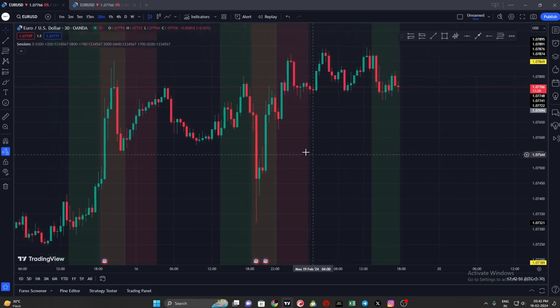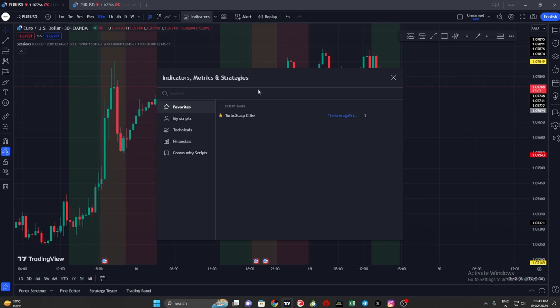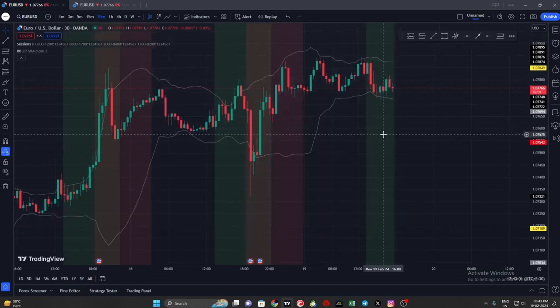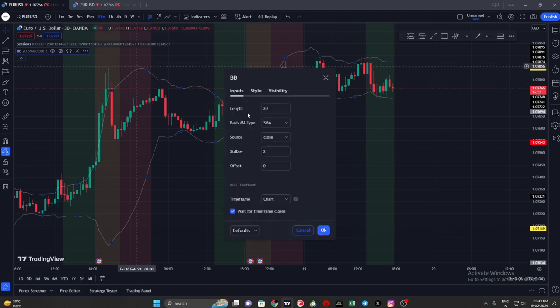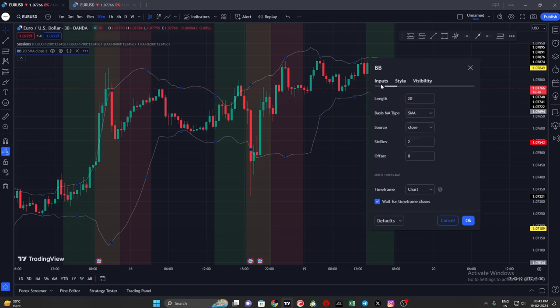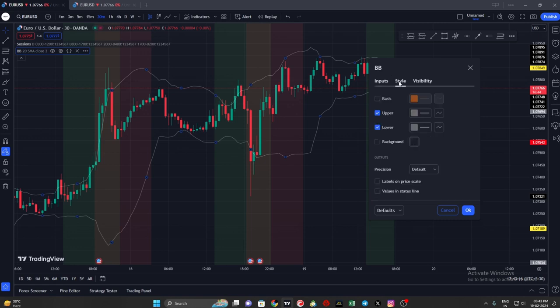In this strategy, firstly we will need an indicator known as Bollinger Bands. I hope you know about it. My settings are a bit tweaked, so you can see the settings. In the inputs it's the default settings, but in the style section I just switched off the basic one, which would be a line in the middle.